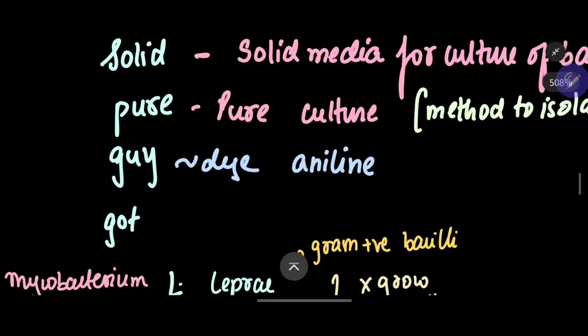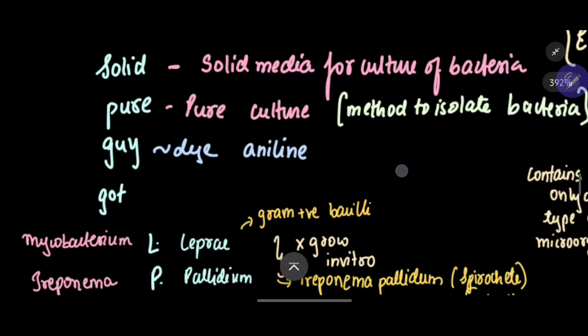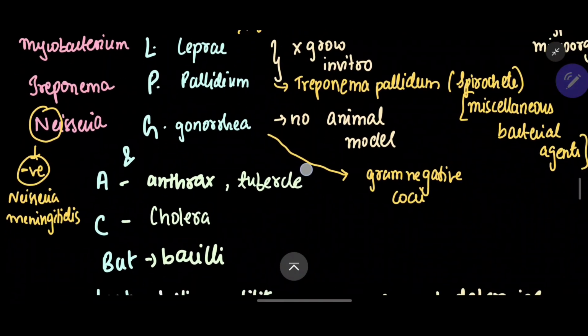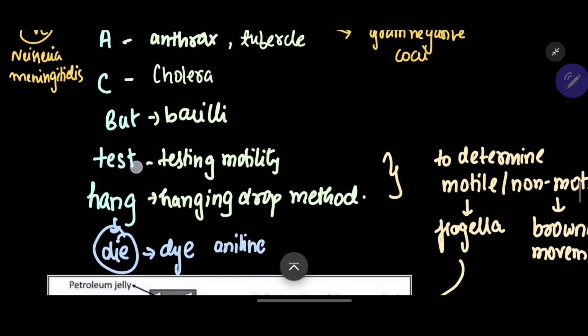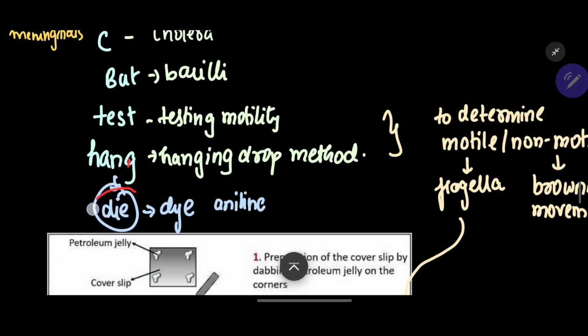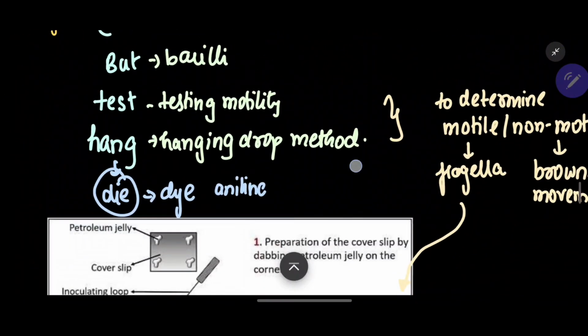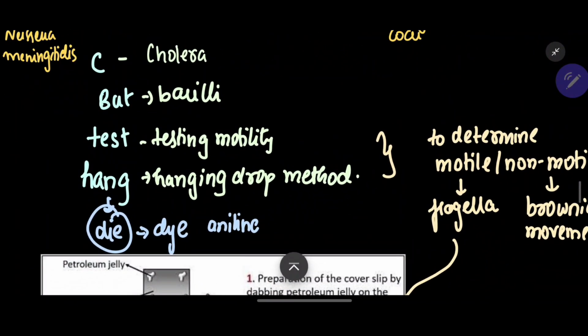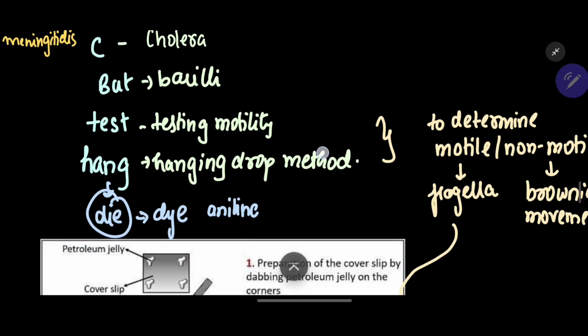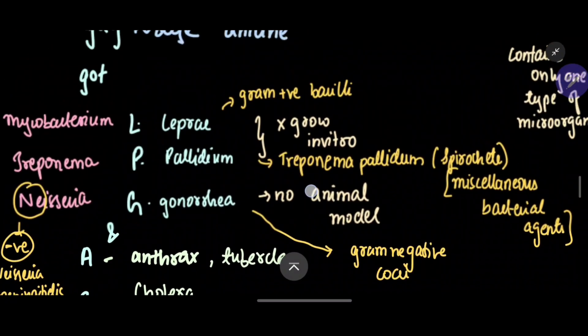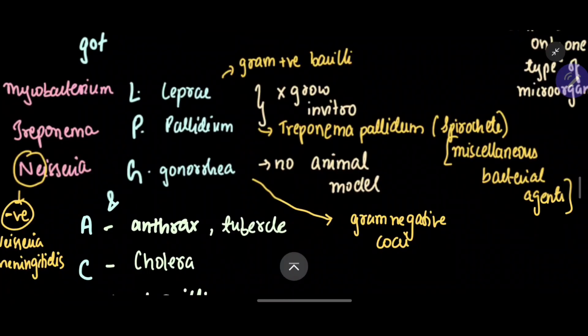Next, he's a solid pure guy. So with guy you can remember die because it kind of rhymes. But even if you don't remember this, you remember that he had a test and then he hanged himself and then he died. So die. So he gave aniline dye. Okay. So you can remember it in two ways, either by guy or by dye.